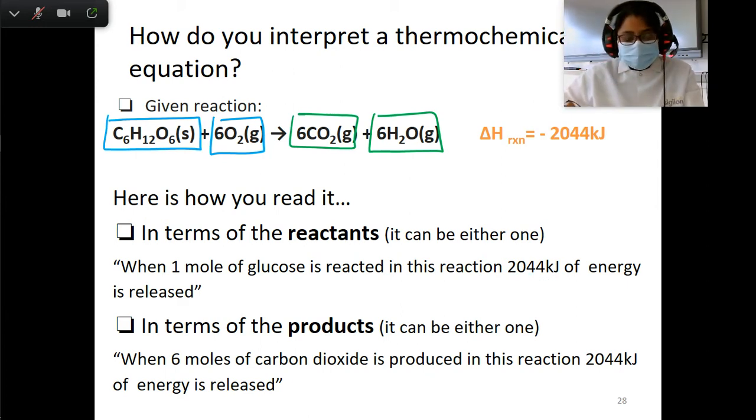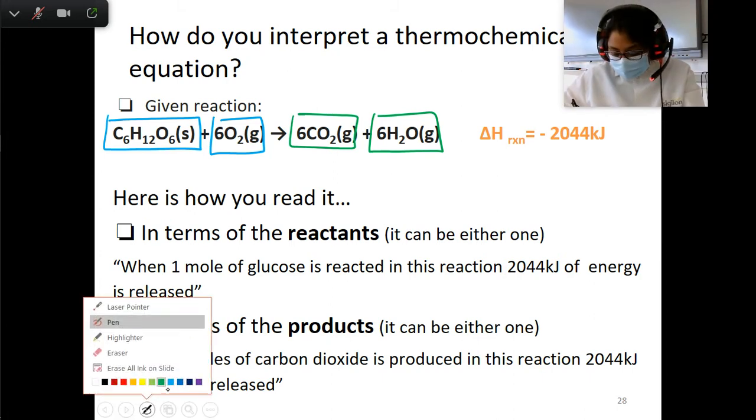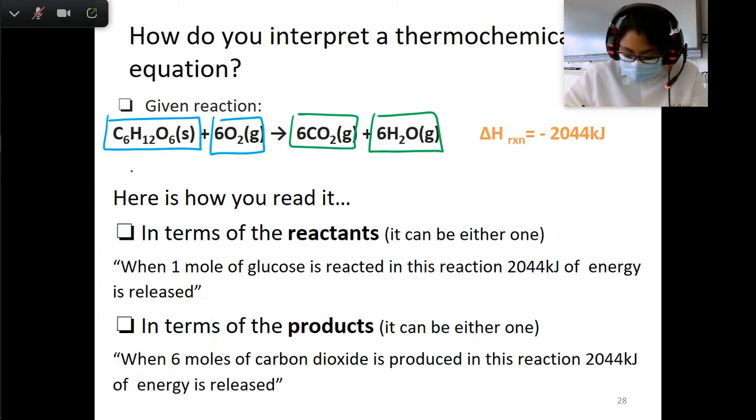And you might be like, where did you get the 1 mole from? The mole comes from the coefficient in front of the reactant or product. You see how glucose doesn't have anything? That means there's 1 mole of glucose. See how there's 6 in front of the O2? Those are the coefficients that you learn how to use to balance equations. That 6 is 6 moles of O2.